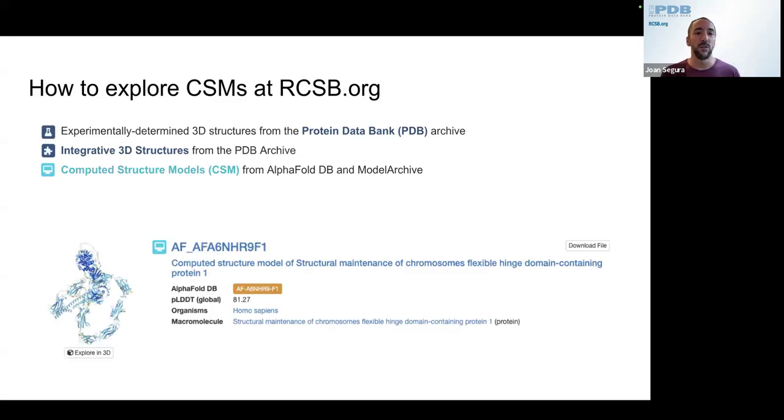The first thing that I want to highlight is that at rcsb.org, we now have an icon-based system to identify the type of entry. So we have experimentally determined structures, those that are coming from cryo-EM, X-ray crystallography, NMR, that are represented with this Erlenmeyer flask icon.